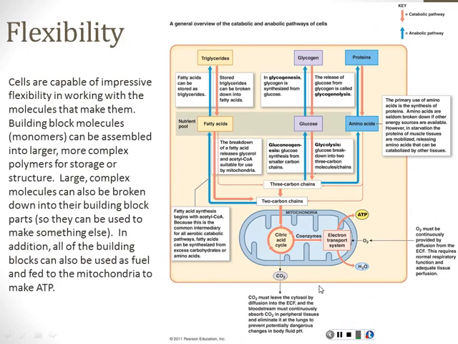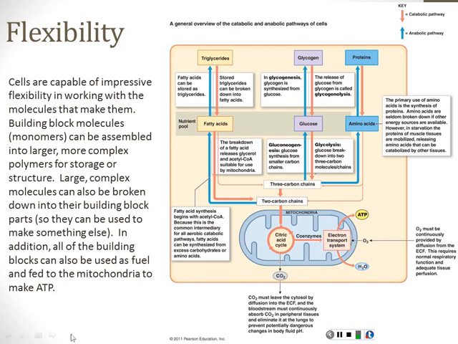Okay. So we talked last time about anabolism and catabolism. The cells of the body can always go in both directions. They can build things up, make larger molecules, and they can break those larger molecules down into smaller molecules, depending on what the cell needs.